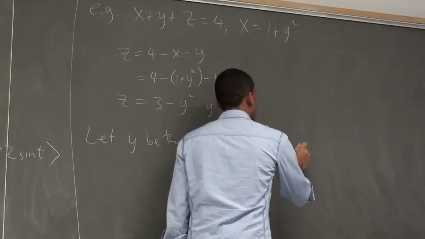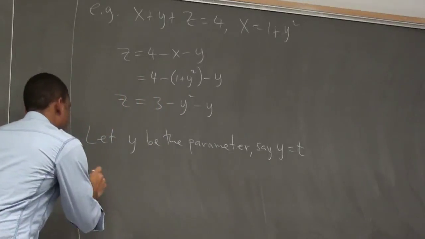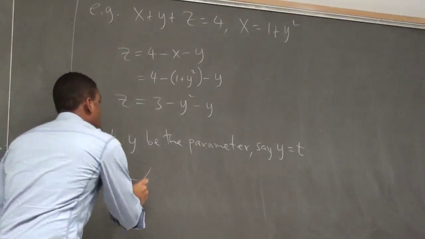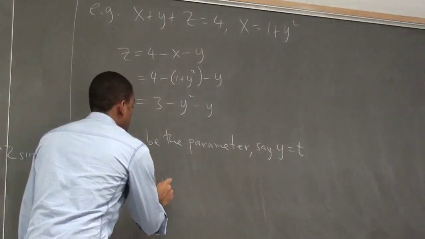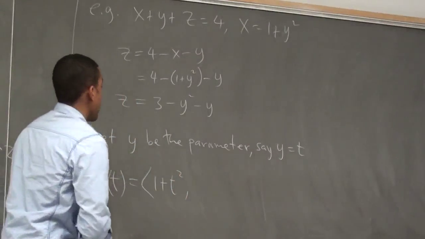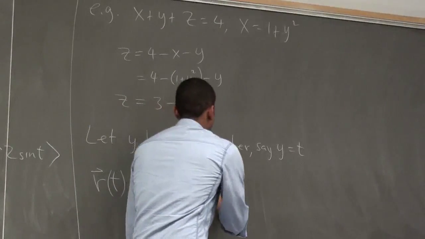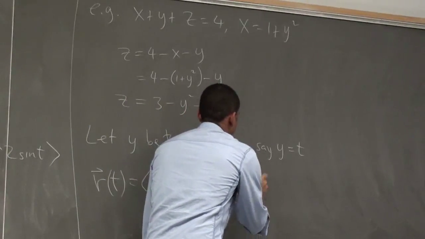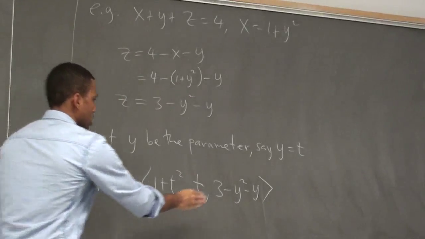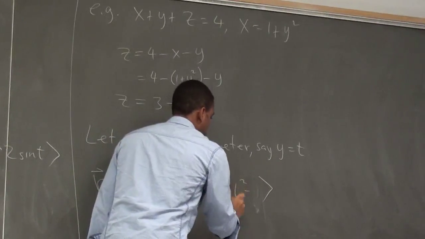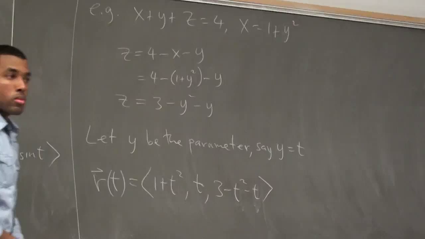Say y equals t, and then I'd be able to write the curve as: x would be 1 plus t squared, y would be t, and z would be 3 minus t.